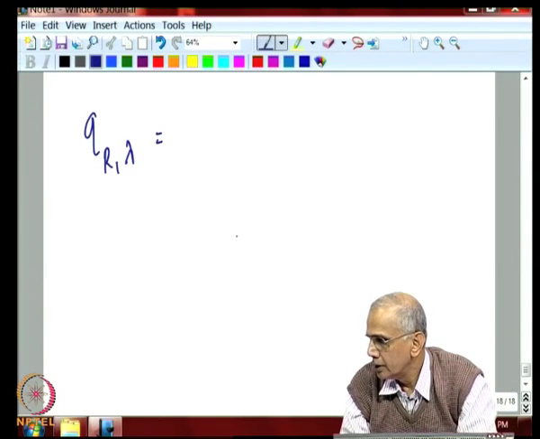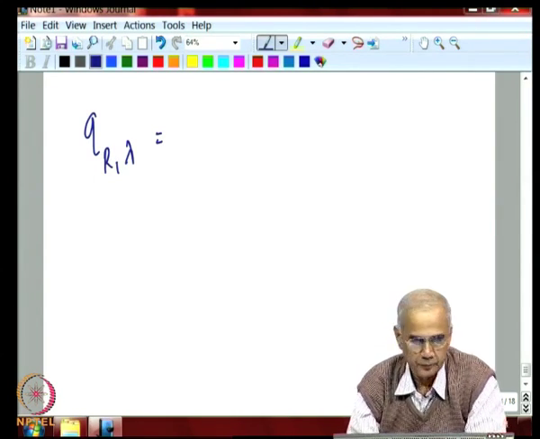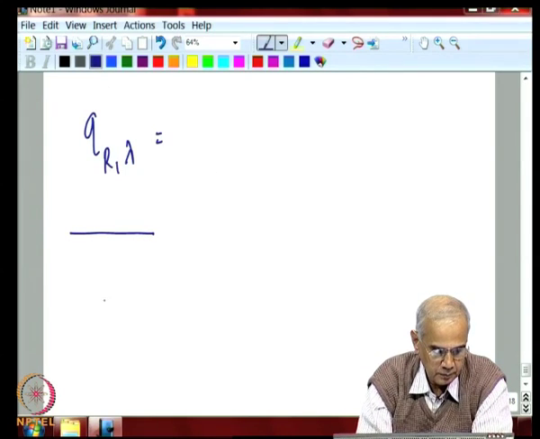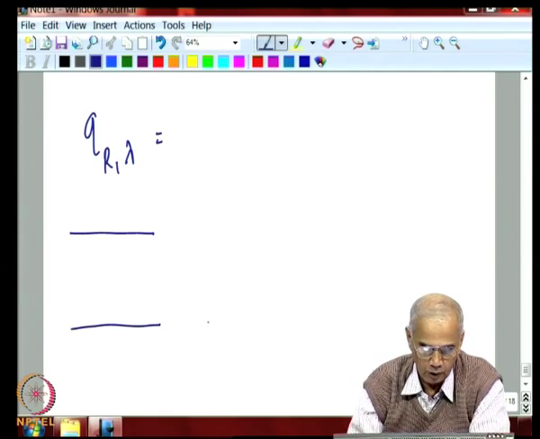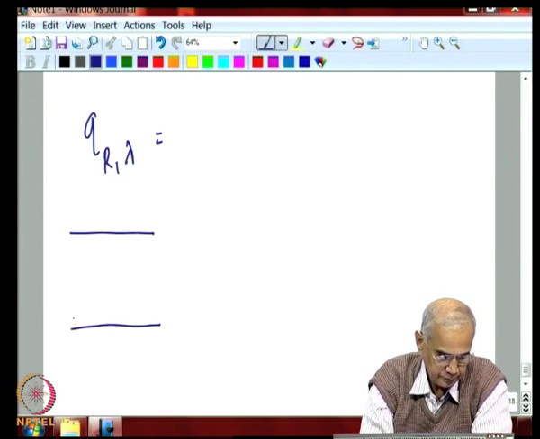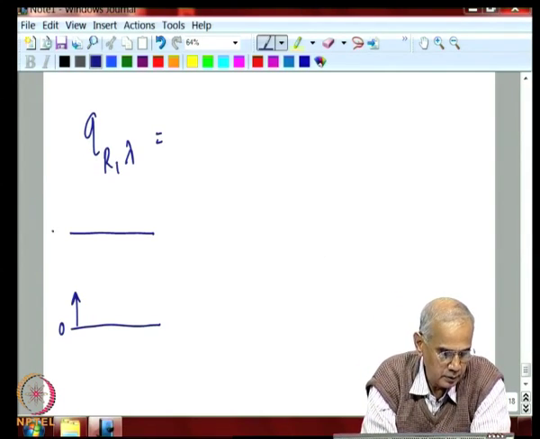If you recall, the first term comes from the wall, so I will put 2 here, and this is from the bottom wall, at tau 0, and the top wall will be at tau 0 lambda.